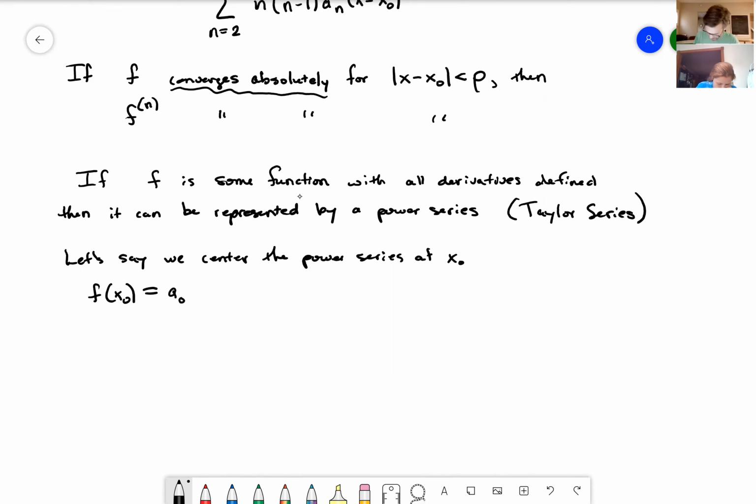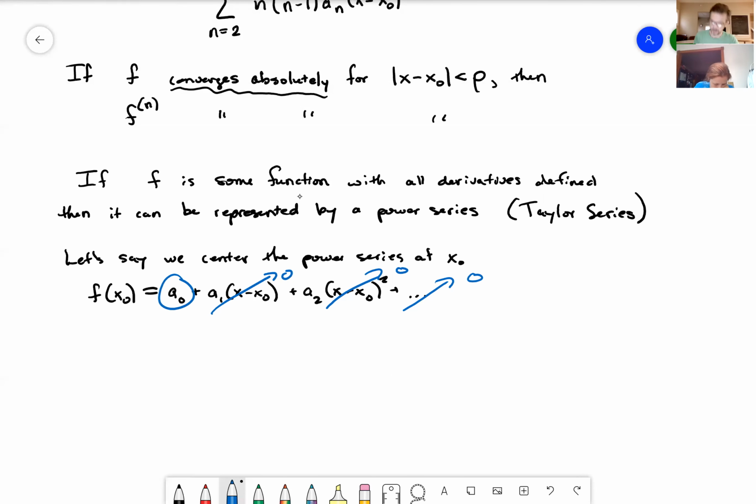We're just trying to figure out what that power series would be. We would have something like this. This is a power series centered at x0. Then this is 0, this is 0, and everything else is 0. And all we're left with is a0. So we know that a0 is equal to f of x0.